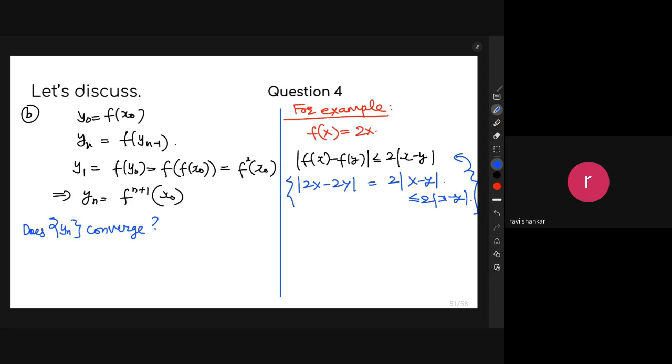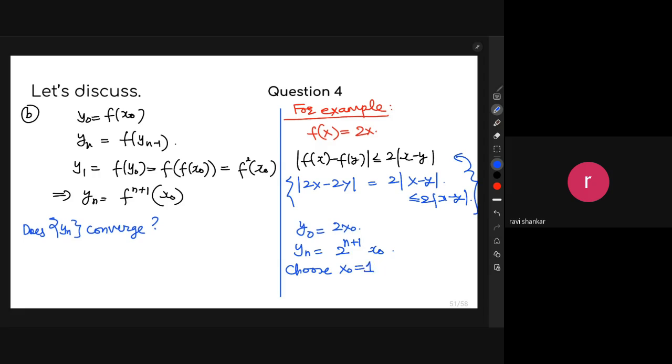Now if you try to construct the sequence yn, y naught will be 2x naught, and yn will be 2 to the power n plus 1 times x naught. Now you choose your x naught to be 1.